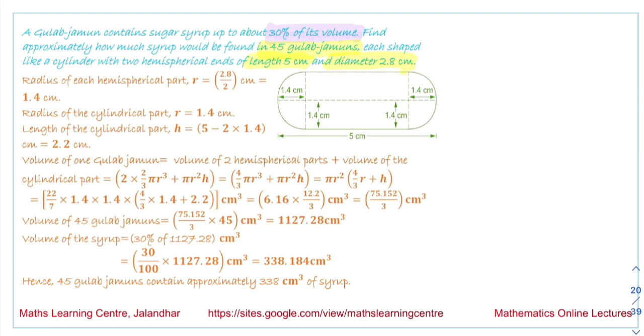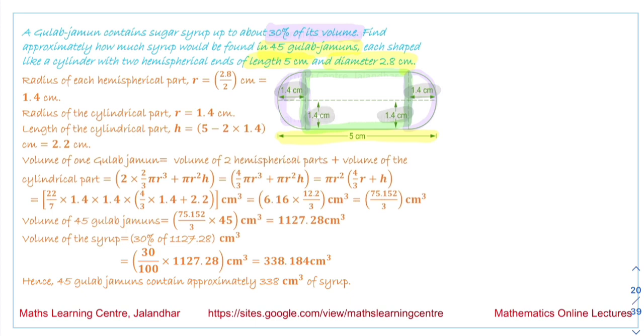So the length of the gulab jamun is given to be 5 centimeter. This portion is in the form of a cylinder, and we have two hemispheres on the ends, and the radius of these two hemispheres is 1.4 centimeter.